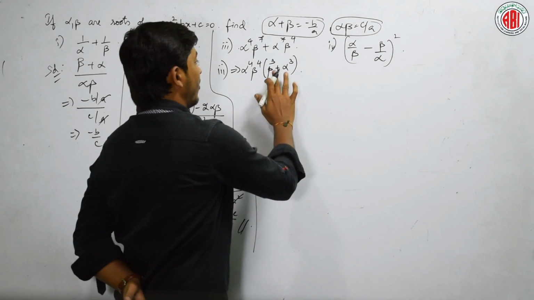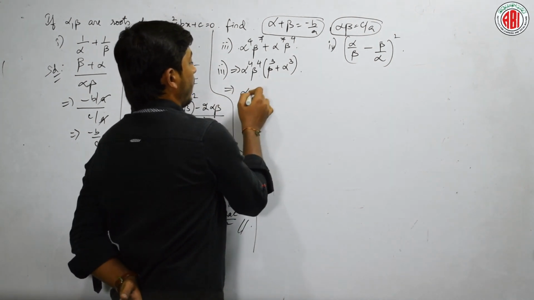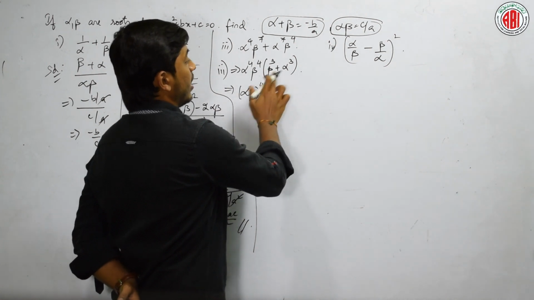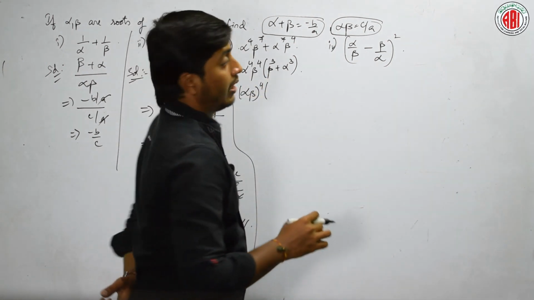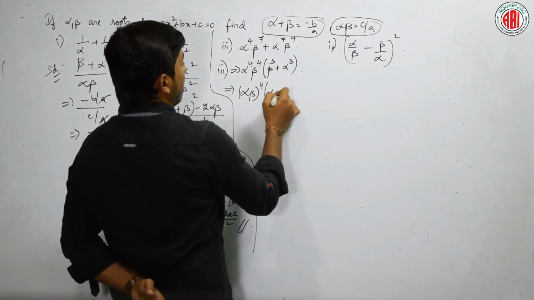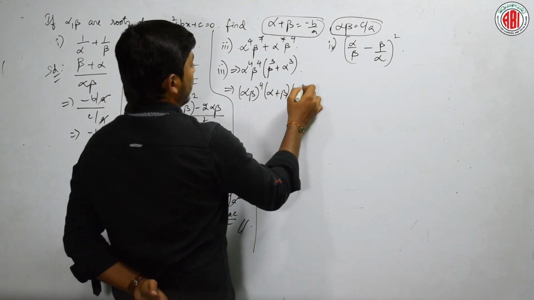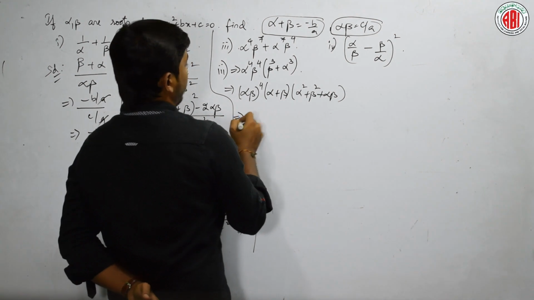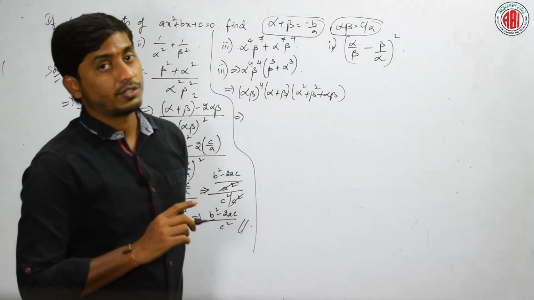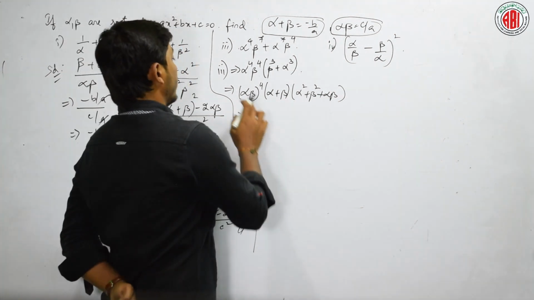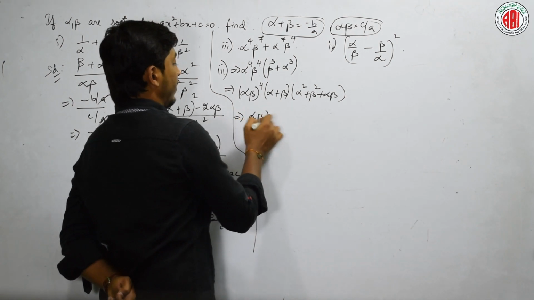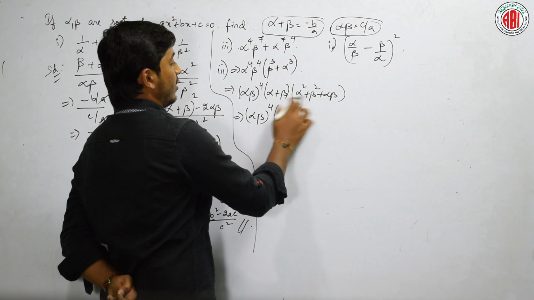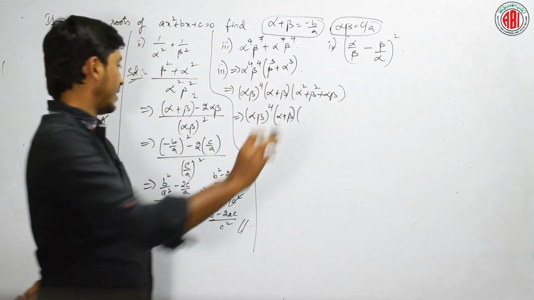Now, just tell me what is the formula of a cube plus b cube. Let us write it as (alpha beta) whole power 4. Here it is the a cube plus b cube formula, that is (a plus b) into (a square plus b square minus ab). Is it right? So, again we know (alpha beta) whole power 4, we know alpha plus beta, and do we know alpha square plus beta square?